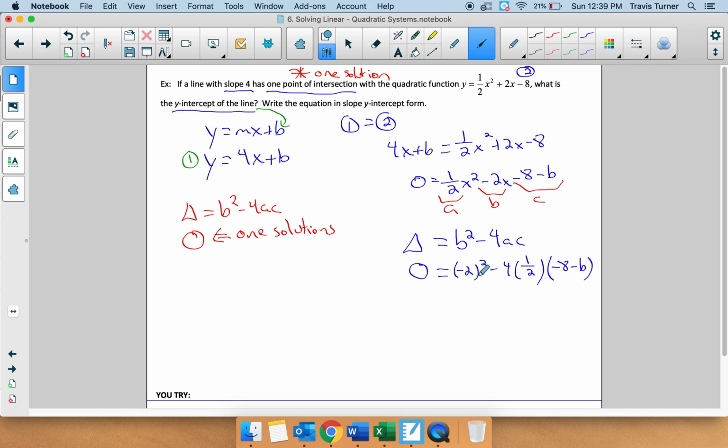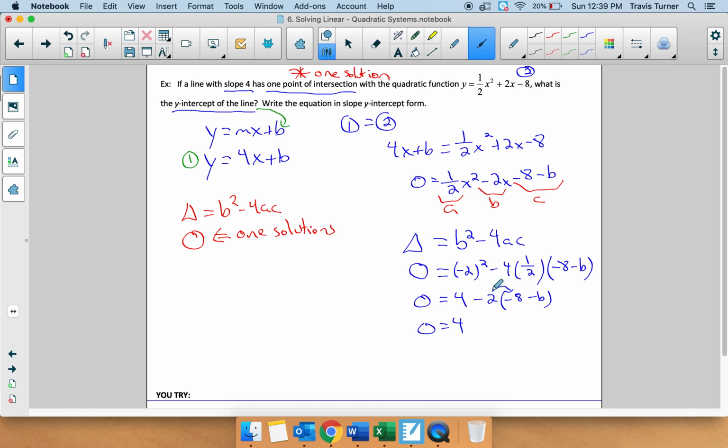So I now have an equation with a bunch of numbers and one variable. Therefore, I can solve this. So if I set it up and work it around, I've got 4, and this is going to be minus 2. So negative 4 times 1/2, and then times negative 8 minus b. And you just keep going. So this is going to multiply in.